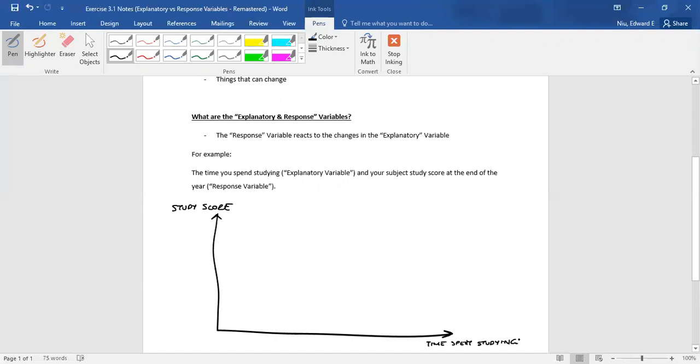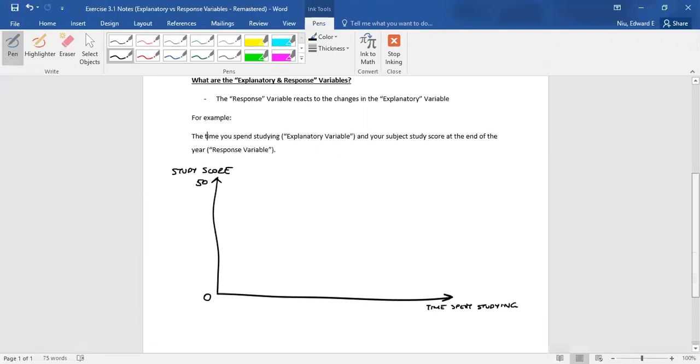Later on, we're going to take a look at scatter plots. But imagine this is your study score at 0, and at the top there is 50. Let's say time spent studying per day, because we need a unit, or hours per day.